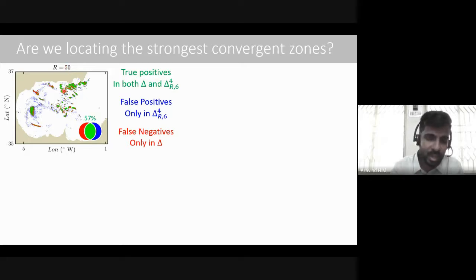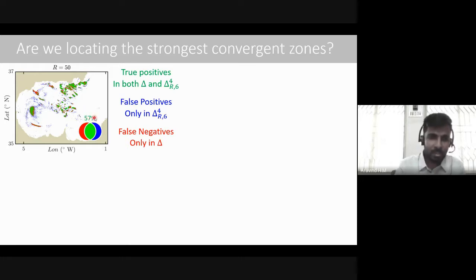And in green, I have plotted points in the domain which are identified as strongly converging by both the true dilation rate as well as the drifter-based estimate. The false positives are plotted in blue. Essentially, these are the points that are identified as strongly converging by the drifter-based estimates alone, and false negatives are plotted in red.